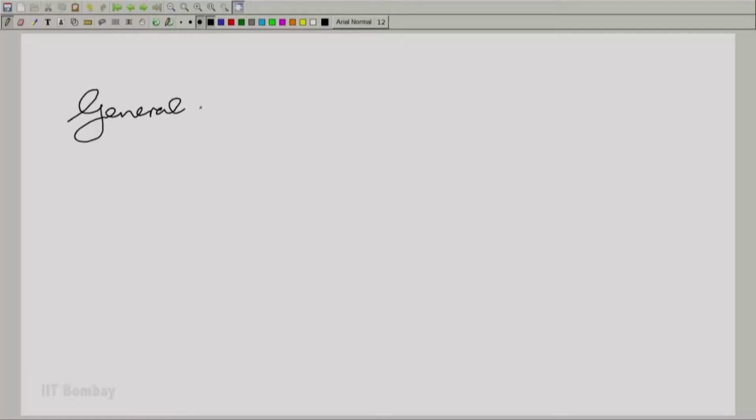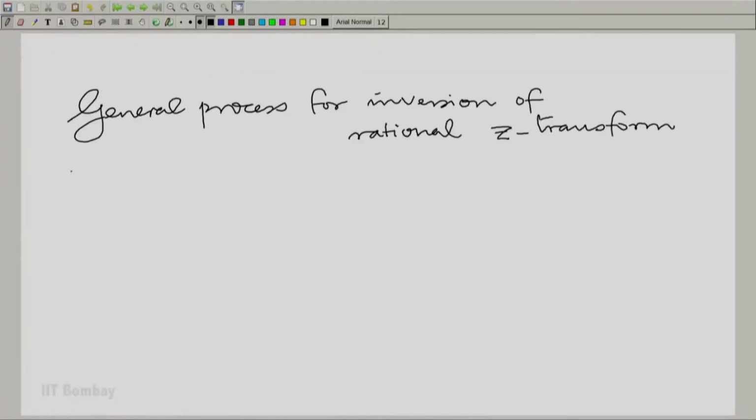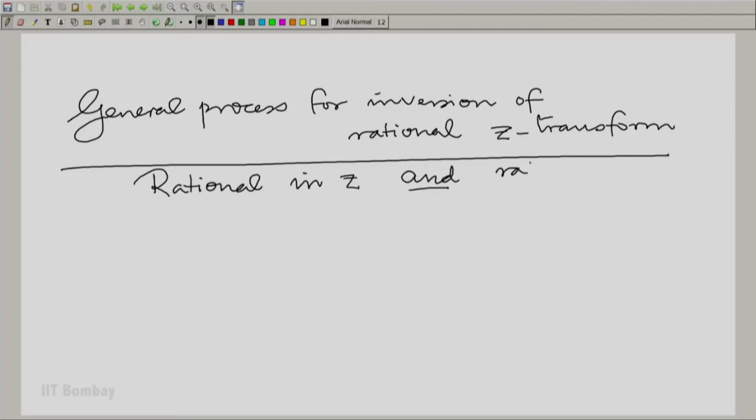So, let us put down first a process for inversion of a Z transform in general. The general process. Now, when you have a rational Z transform, you can either think of it as rational in Z or rational in Z inverse. Both of them are equivalent.